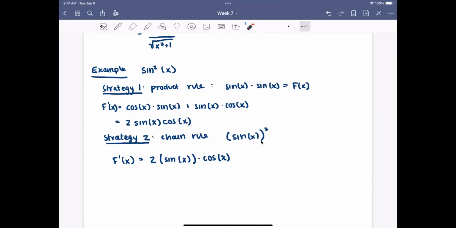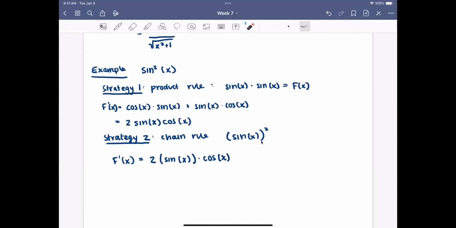Yeah, do you have a question? So like strategy 1, why did you choose the... Okay, looking at strategy 1, I had cosine x times sine x plus this new thing again, so that I just have 2 of those things.